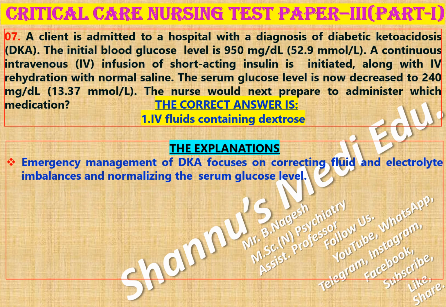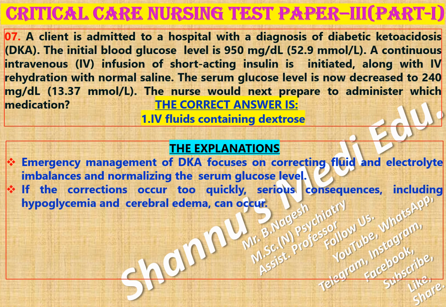The explanation: emergency management of DKA focuses on correcting fluid and electrolyte imbalances and normalizing the serum glucose level. If the correction occurs too quickly, serious consequences including hypoglycemia and cerebral edema can occur.